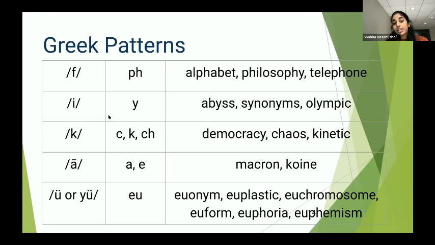The I sound in Greek, in a lot of cases, is spelled with a Y. So it can be spelled with a Y or an I. The key in Greek, especially once you know roots as well, is that you can kind of understand where the Y's come up. But for the sake of language patterns, a Y is a common way to spell the I sound in Greek. For words like abyss and synonyms and Olympic, we have the Y sound.